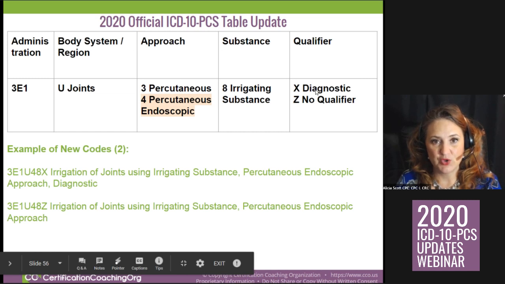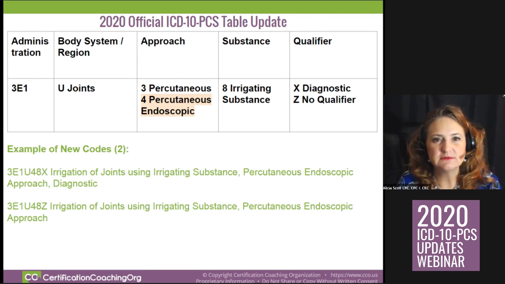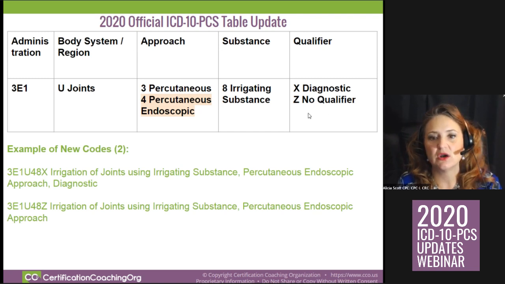So again, almost think of a qualifier as a modifier. Why are we doing this procedure again? Is there any extra information we need to know? Oh, this is diagnostic, or no, we're just going in and doing it.